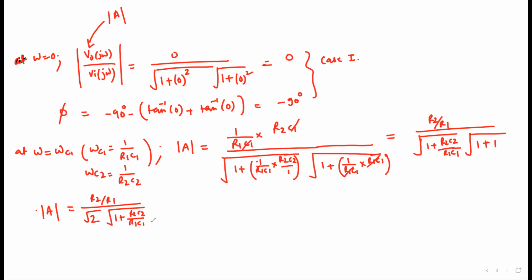Okay. So if the ratio of R2 and R1 is equal to 1 and C2 over C1 is equal to 1, then this takes the value of root 2 times root 2. So that is R2 over R1 divided by 2, if the ratio of R2 and R1 and C2 over C1 is equal to 1.